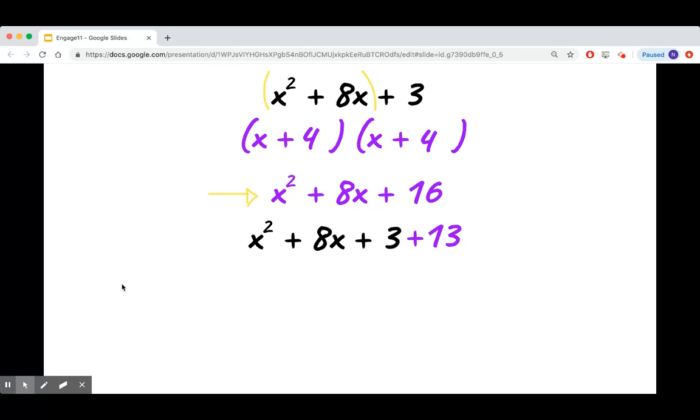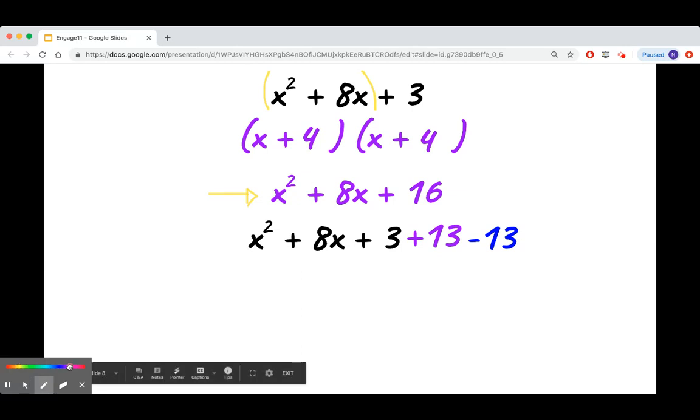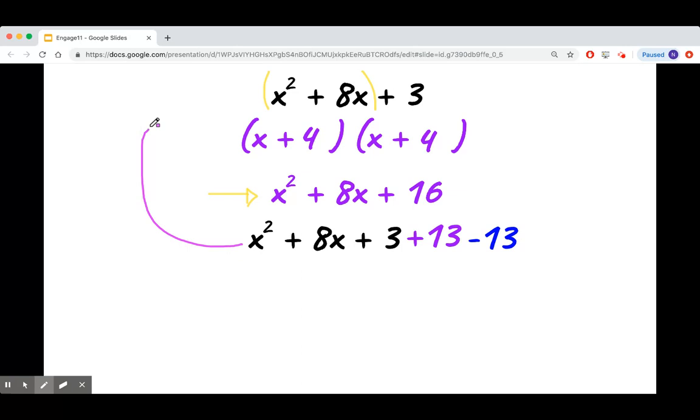However, if I add 13 and then take 13 away, this expression here is entirely equivalent to my expression x squared plus 8x plus 3, because of course 13 minus 13 is the same thing as really adding 0.